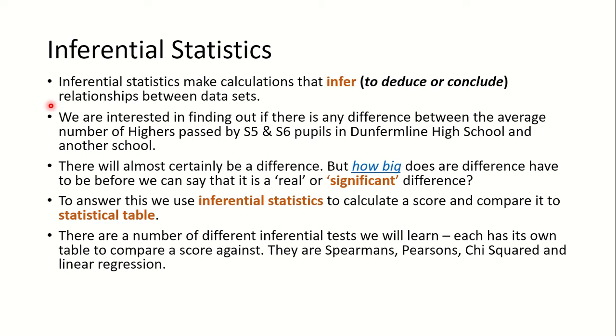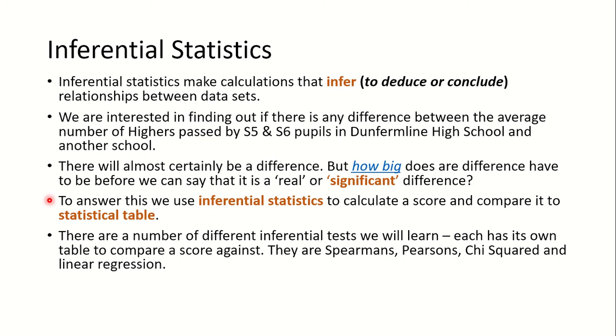And to answer that kind of question, to answer if there is a relationship between two sets of data, if one is influencing the other to a significant degree, we use inferential statistics. Basically, if you look at bullet point 4, over the next few lessons, I'm going to show you a series of calculations that you can do.